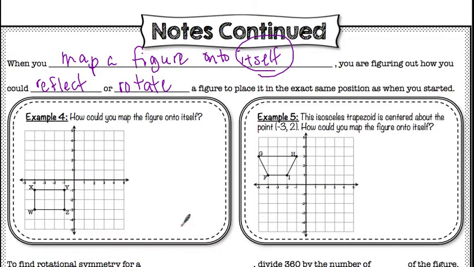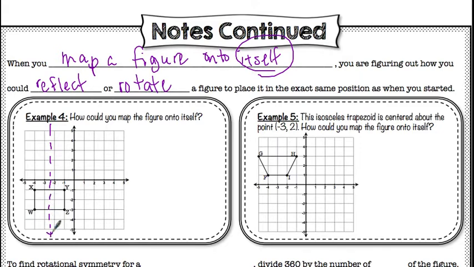So how could I locate some line symmetry for this rectangle? How can you fold this rectangle so it looks the same on both sides? So here's my answer to that. I could cut this rectangle in half.